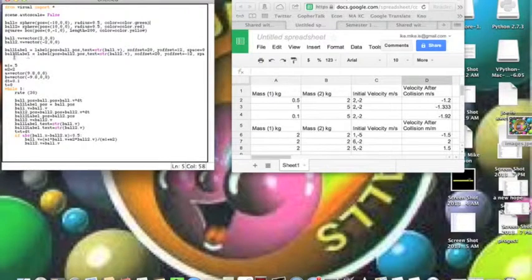Mass 1 is 0.5 and mass 2 is 2. We should see with this inelastic collision that the ball with the greater mass will overtake the ball with the lower mass, and they will stick together and keep moving at a constant linear velocity, in this case towards the left.